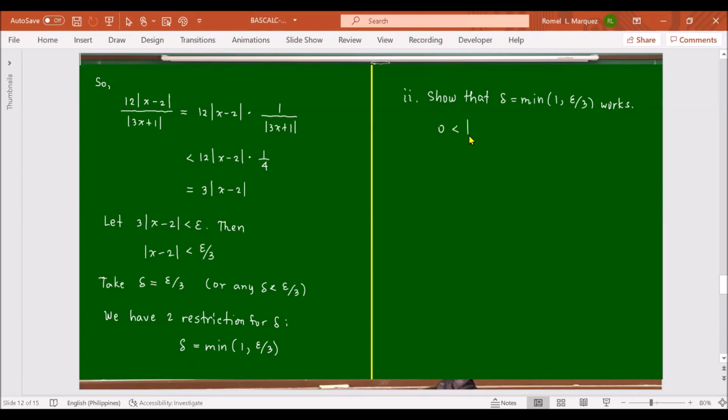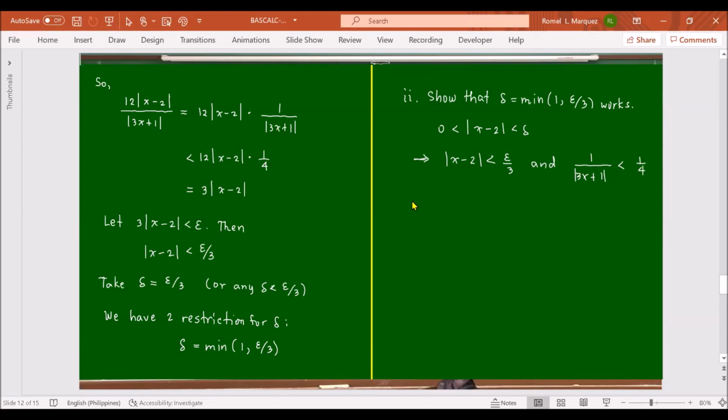We know that the absolute value of x minus 2 is between 0 and delta. And this implies that the absolute value of x minus 2 is less than epsilon over 3. And what we got from delta equals 1 is that abs of 1 over 3x plus 1 is less than 1/4.